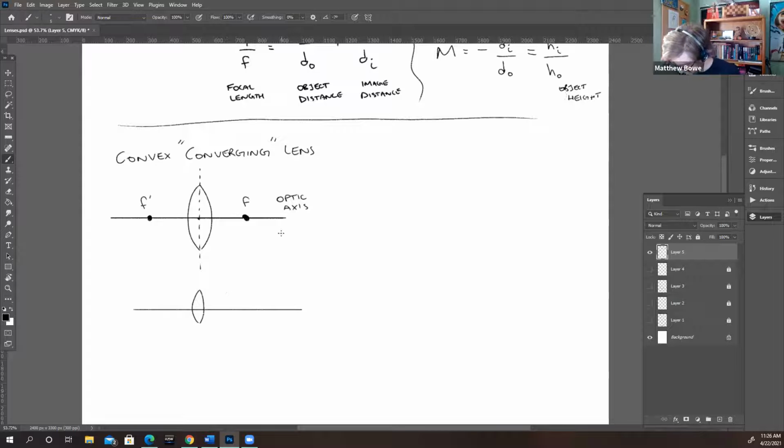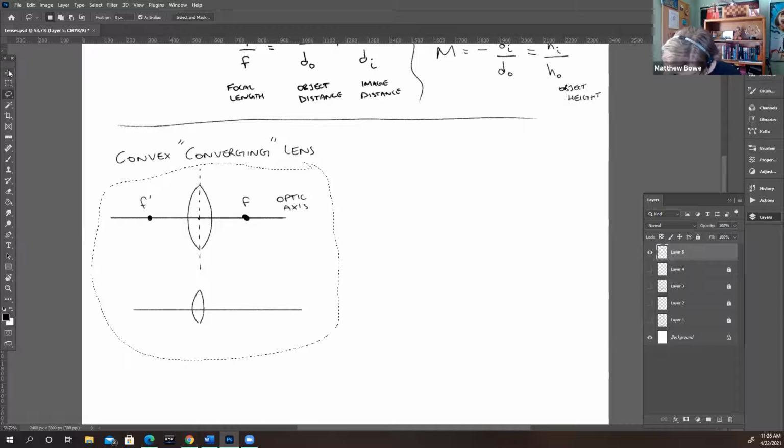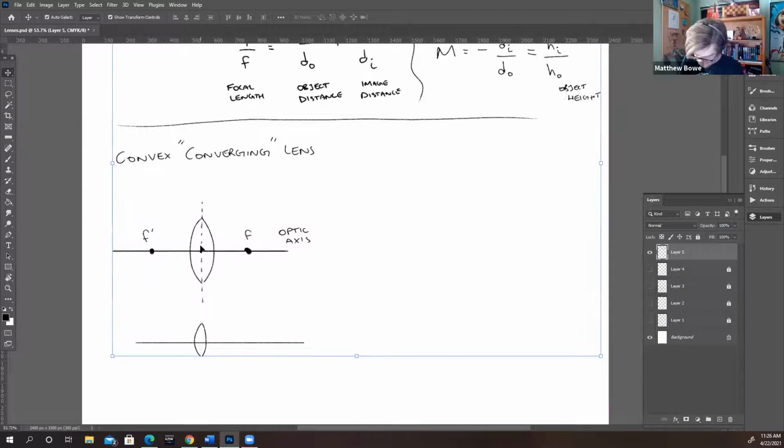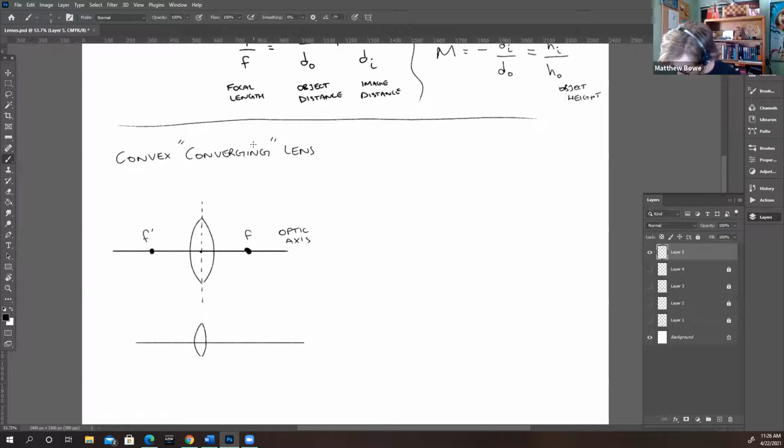So I can put down a little statement that I forgot: converging lens converges light to a point.